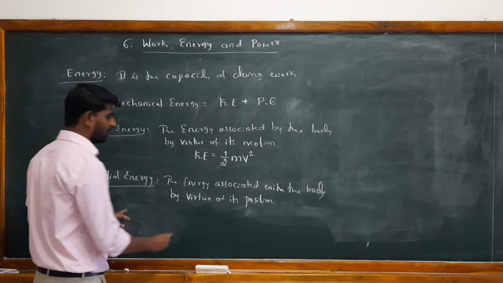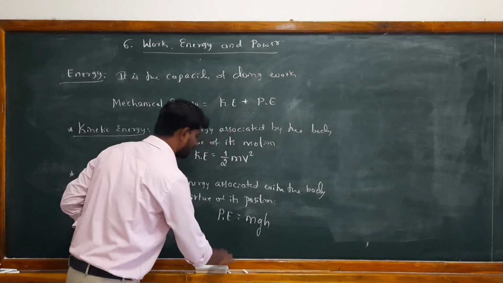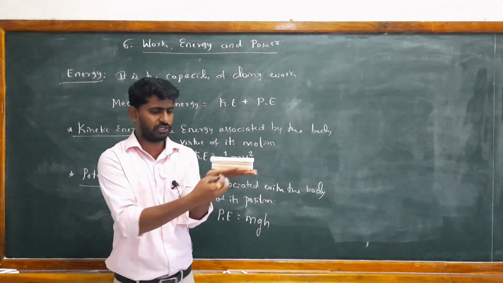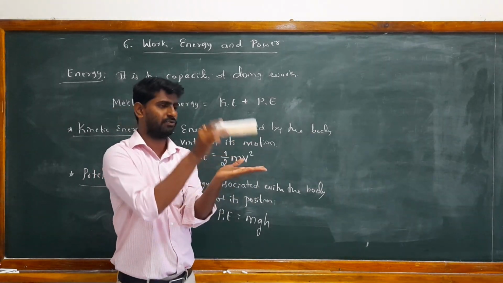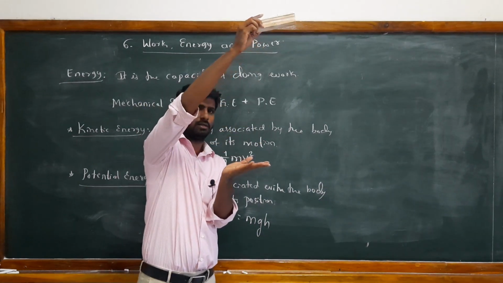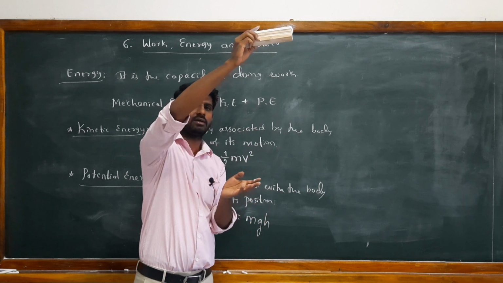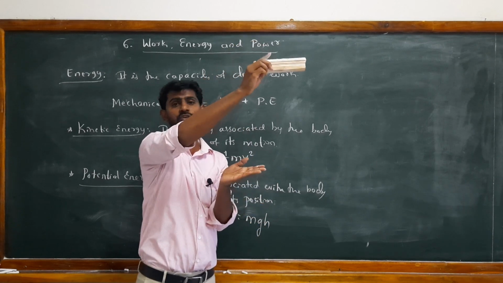And what is the formula for potential energy? Potential energy is equal to m into g into h. For example, if it is at 10 meters, its energy is mg into 10. If I keep the same body at 12 meters, mg is the same but the height increased, so it is mg into 12.